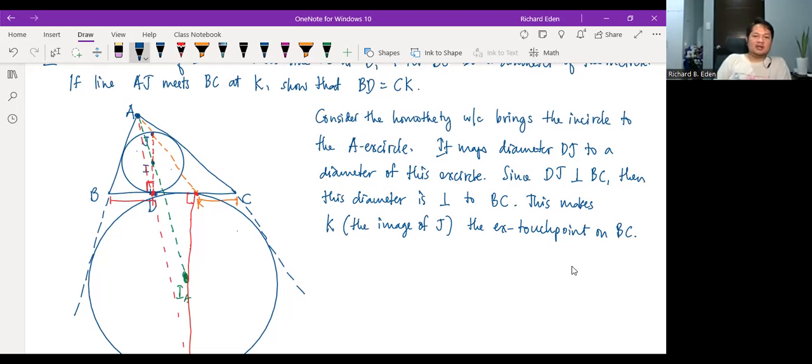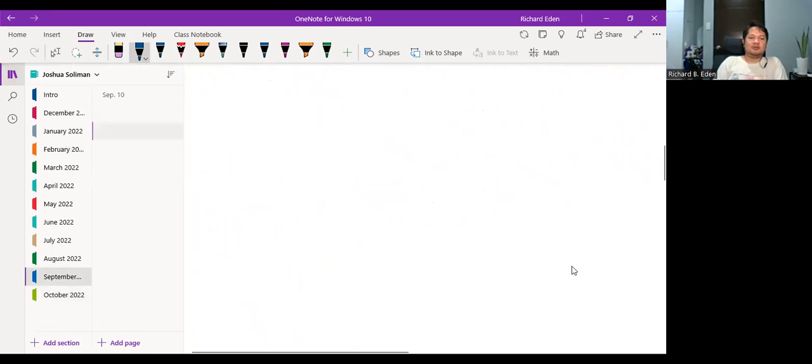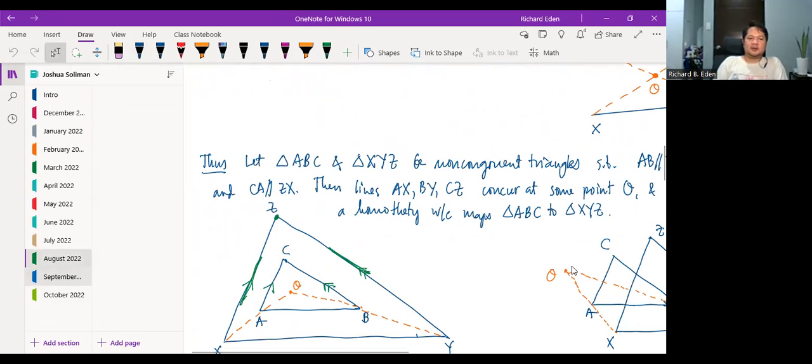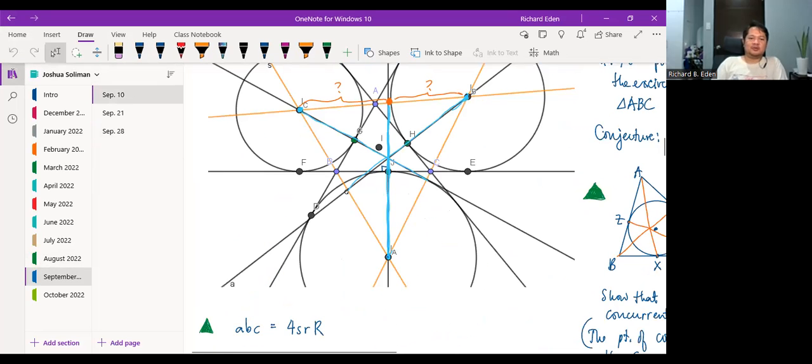Okay, so now that we have characterized, so ngayon, alam natin, K is, aside from being there on AJ, K is in fact the X touch point. And so do you now see why BD must be equal to CK? Kasi this was one of the properties that we proved. Let me point it out to you. We're talking about, so andito lang siya sa September so that we don't have to go too far.